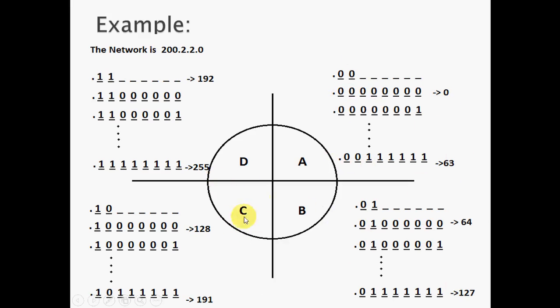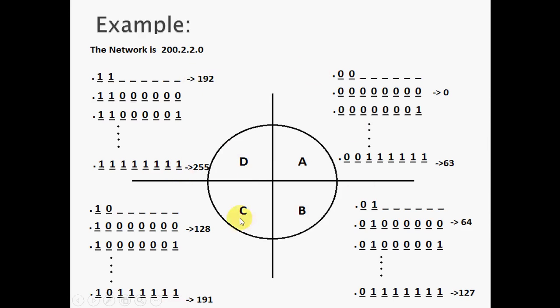Similarly, for subnet C, the subnet network ID will be 200.2.2.128 and the directed broadcast address will be 200.2.2.191. And for the last subnet D, the subnet network ID will be 200.2.2.192 and the directed broadcast address will be 200.2.2.255.